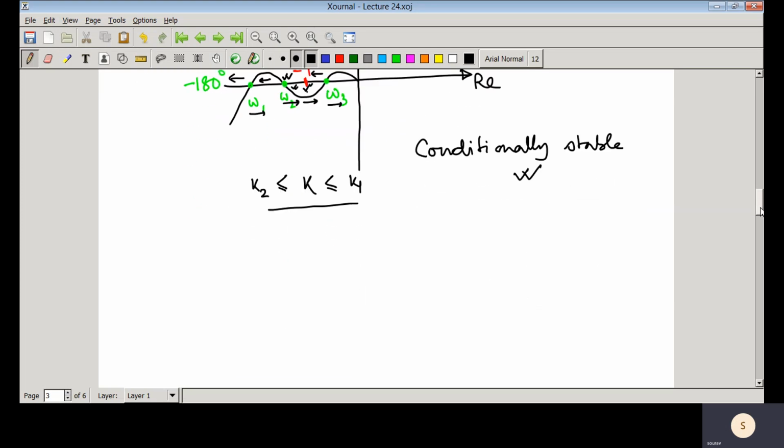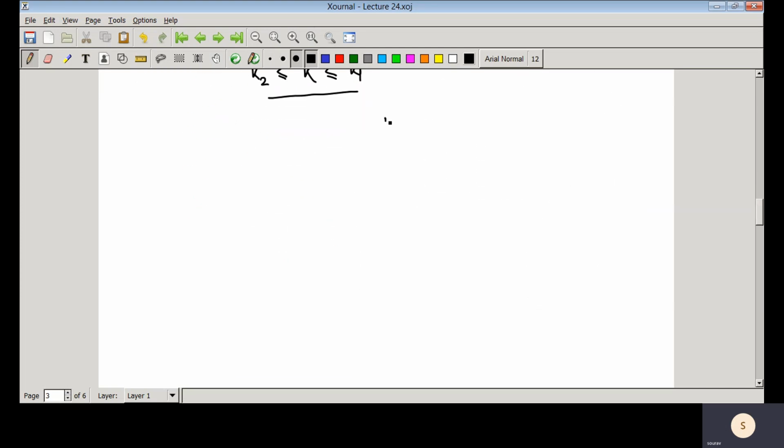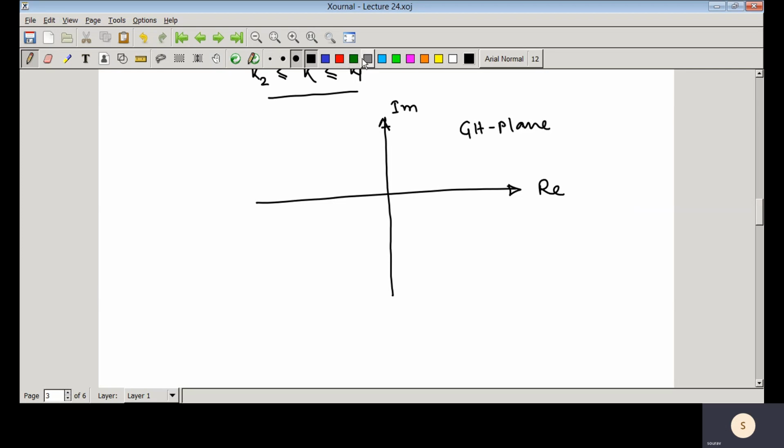So now let us see, whenever you have multiple gain crossover frequencies, how to handle that situation. Again, this is the real axis, and this is the imaginary axis, and this is the GH plane. Suppose we have drawn one unit circle because we need to find the gain crossover frequency.